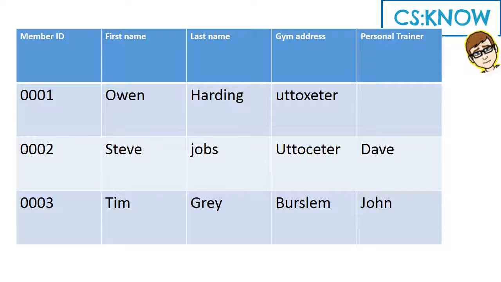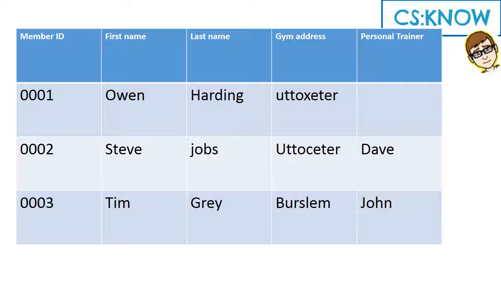Let's say in a flat file database, I've got member ID, first name, last name, gym address, personal trainer. As we can see, Utoxeter is spelt with an uppercase and a lowercase, so in theory, they could be two different places. I haven't put any information for personal trainer, and it's not easy to work out which record is unique.